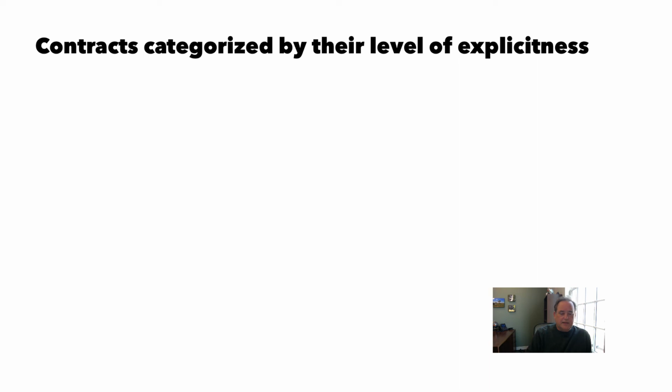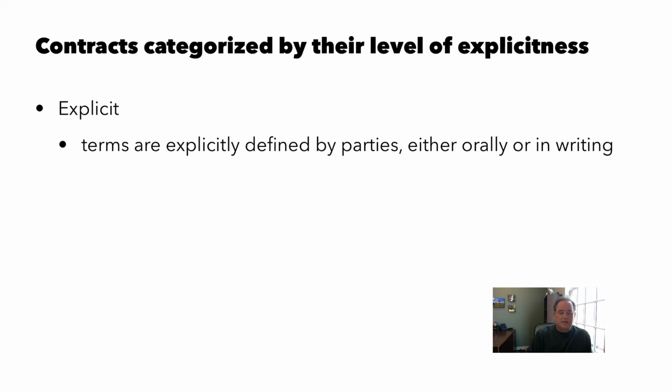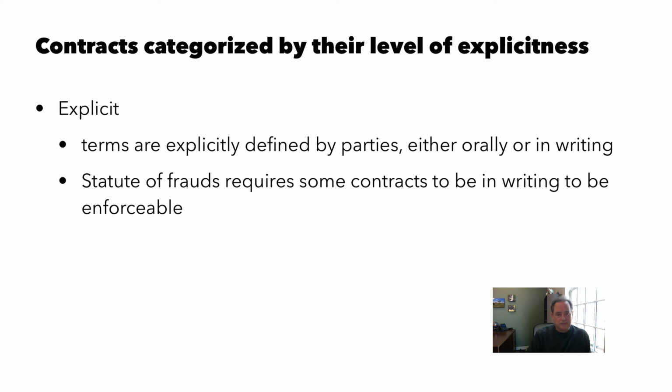We also can categorize contracts by their level of explicitness. For instance, explicit contracts are express contracts, with terms that are defined by the parties either orally or in writing. We have expressly stated what the terms of the contract are and may have all definitions included within the contract, even if it's an oral contract.